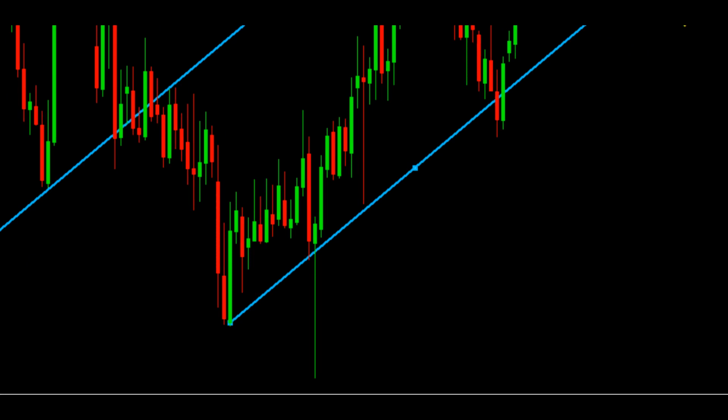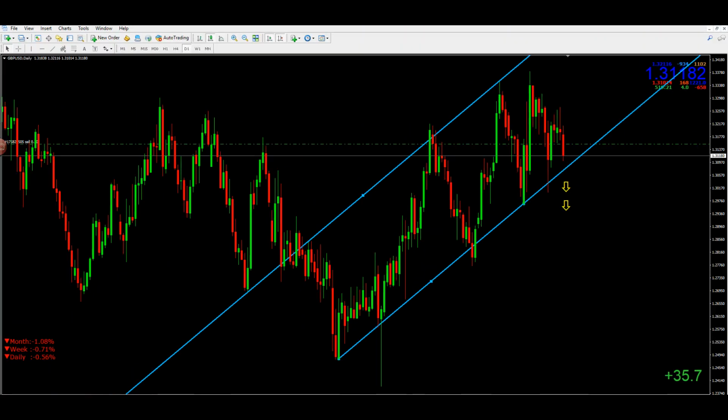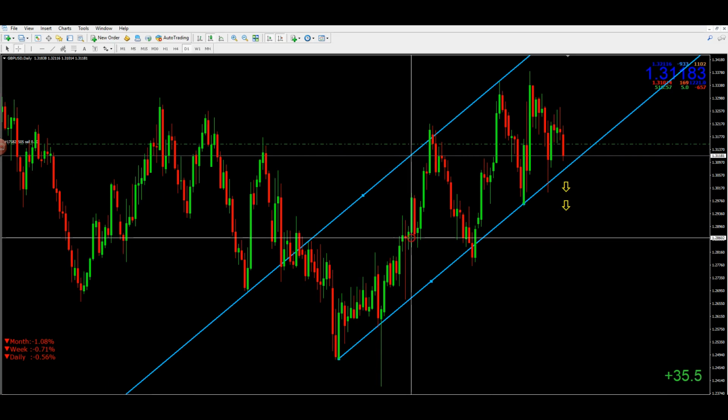Instead, it just went all the way back up. You then could have entered the trade there, round about there. If you had entered the trade here, you would have been able to take it up, getting over 280 pips.